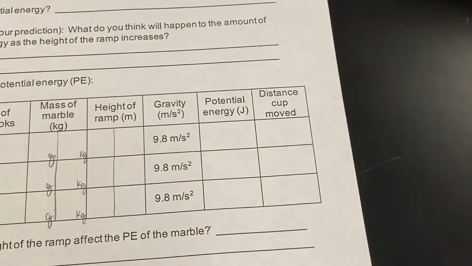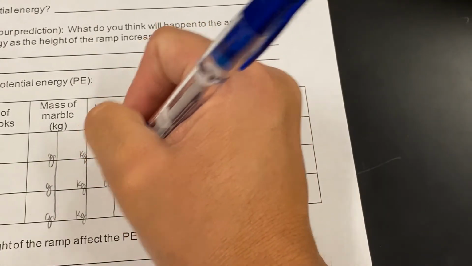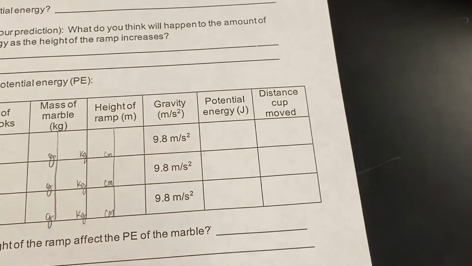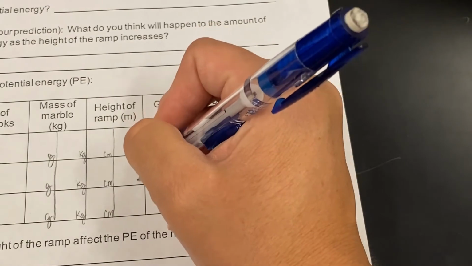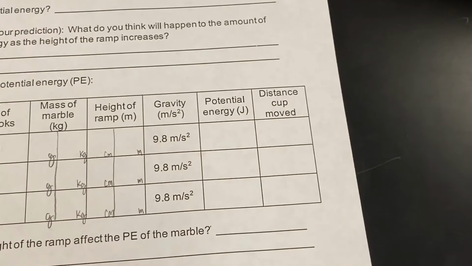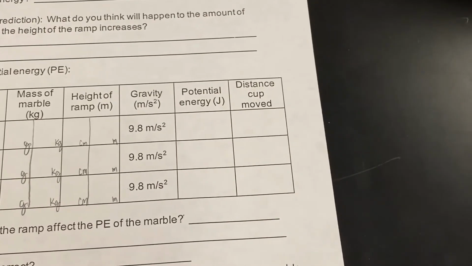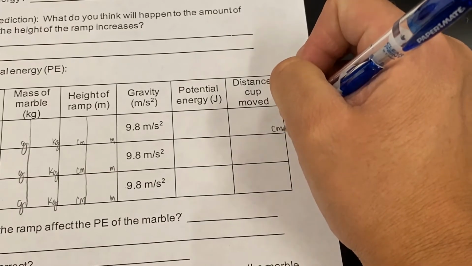For the height of the ramp, we are going to be measuring it in centimeters. But when we determine our potential energy, we have to use meters. The last thing is for distance of cup. When we measure that, we're just going to leave that as centimeters.